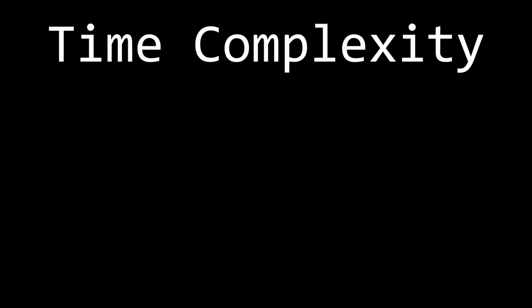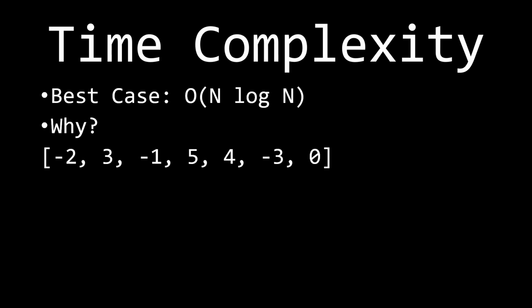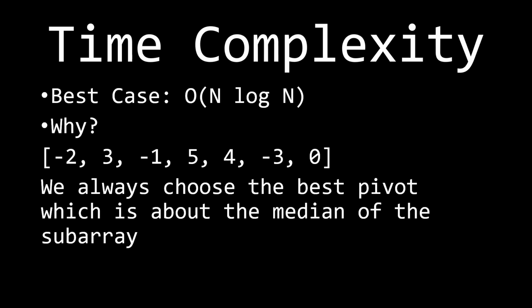Now let's look at the best case. So the best case is going to be O of n log n. And you might be wondering, why is it O of n log n? The reason is that whenever we pick a pivot, it's always the best answer.